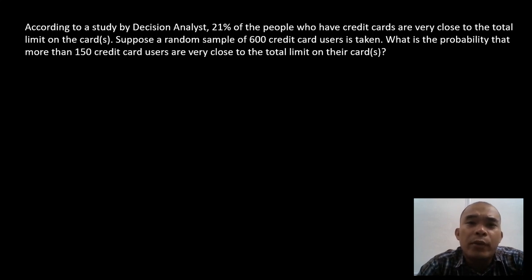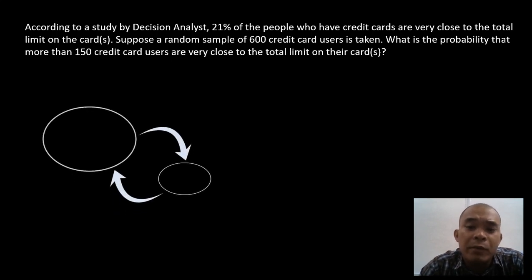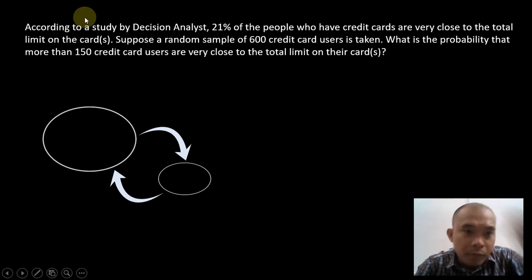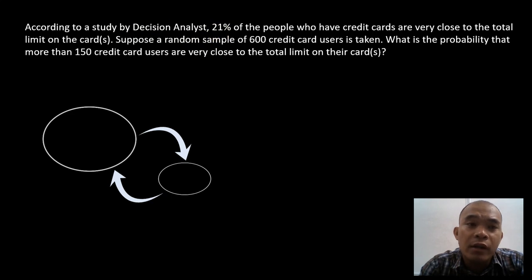So what we're going to do is, before reading the problem, we have to draw the framework of the problem, and then every time we read a certain value, we're going to put it in our framework. So this is it. According to a study by a decision analyst, 21% of the people who have credit cards are very close to the total.